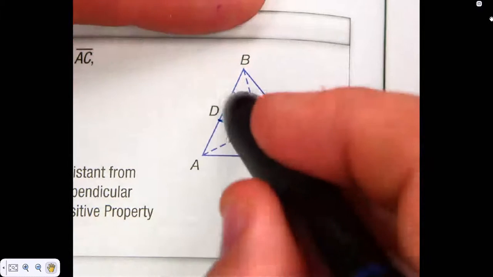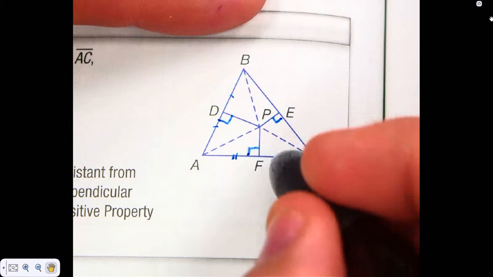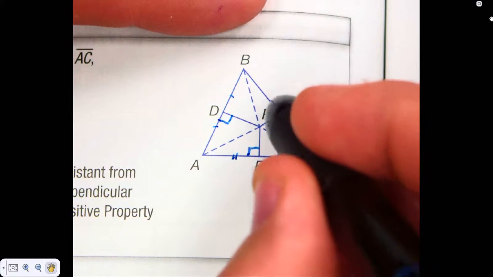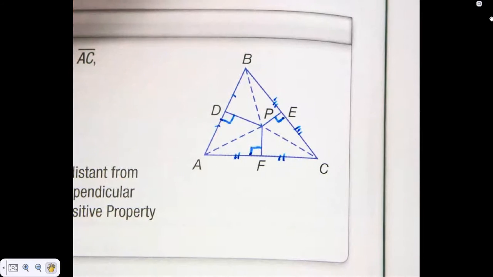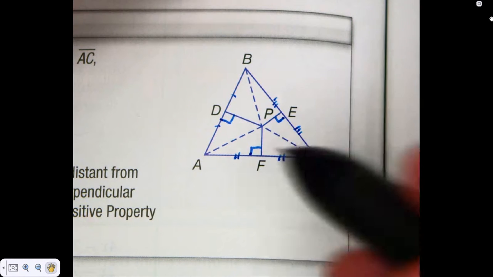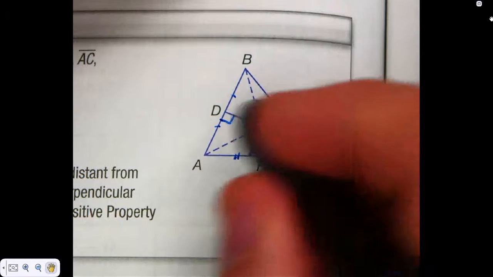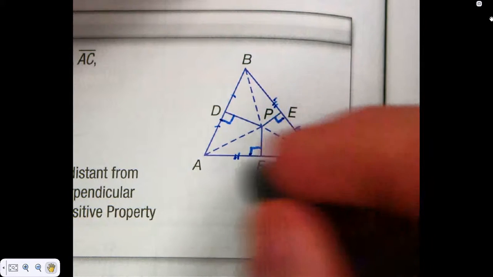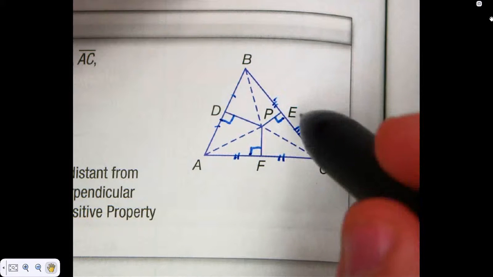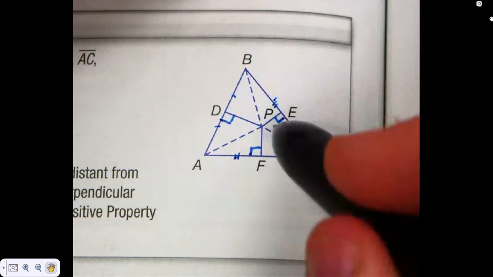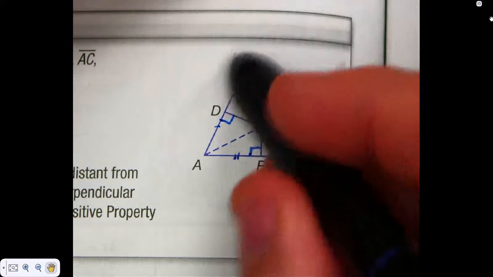See how it's perpendicular and cuts it in half? There are three perpendicular bisectors, but this is the bisector for this side. This is the bisector for that side. This is the bisector for that side.